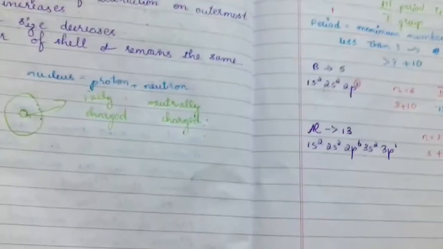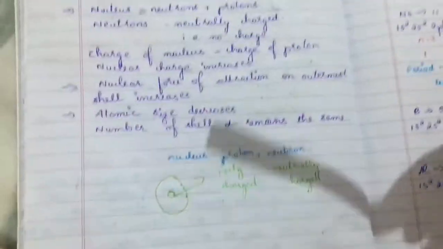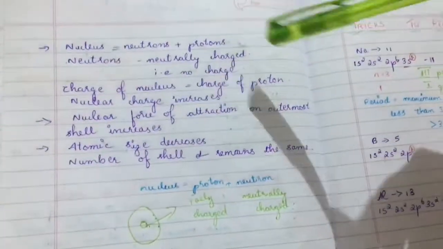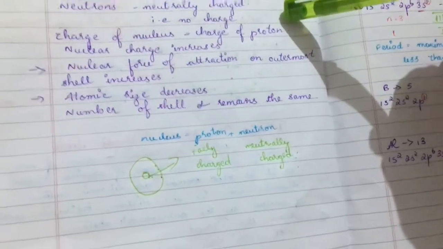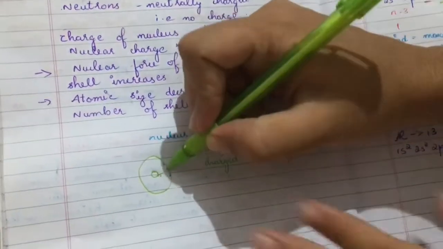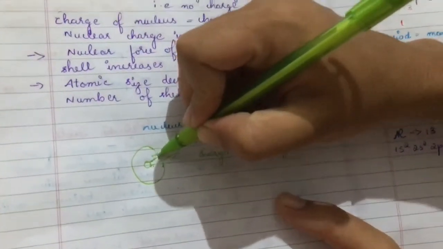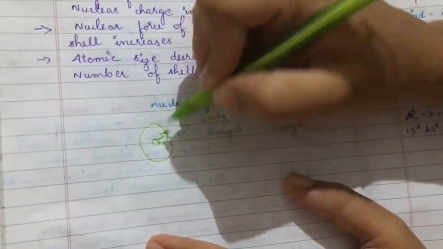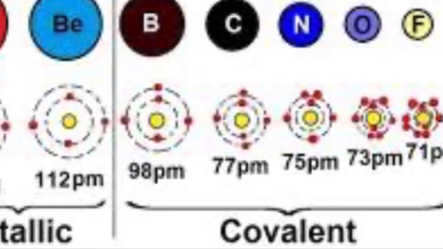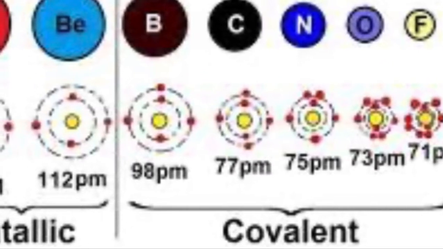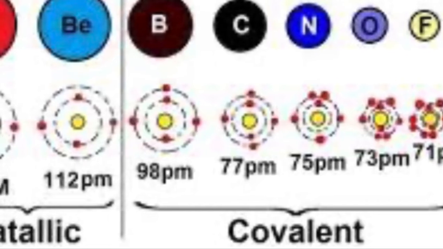You know that the nucleus is equal to neutrons plus protons, and here the charge of the nucleus is equal to the charge of the protons. So there will be an increase in the charge of the nucleus, and its influence on the outermost shell. As you can see, there is an increase in the atomic number across a period. Similarly, the number of electrons as well as the number of protons increases across a period.